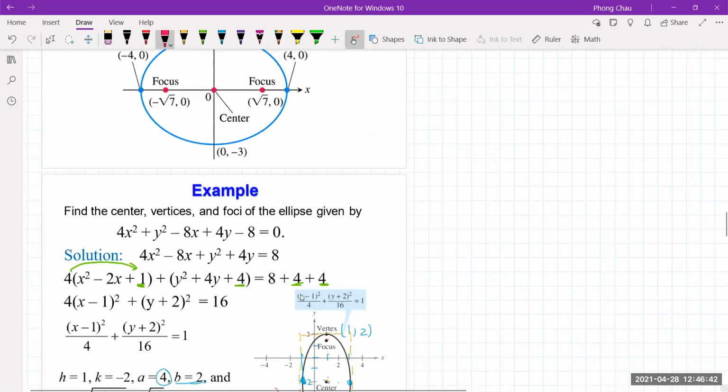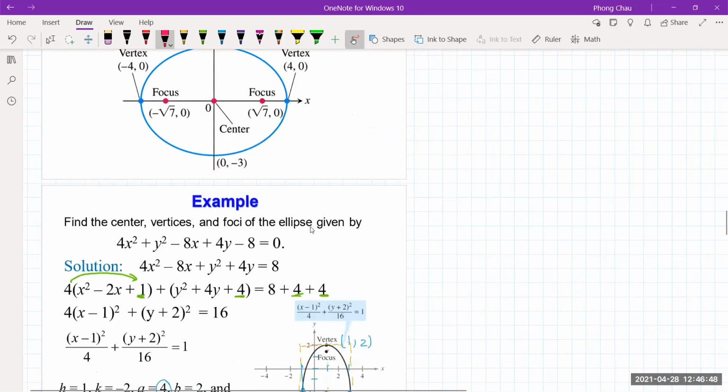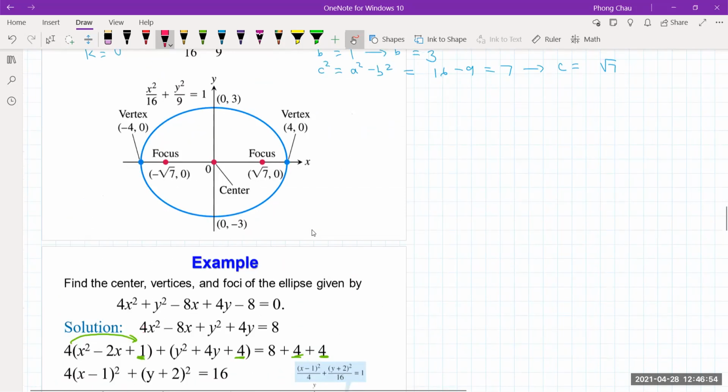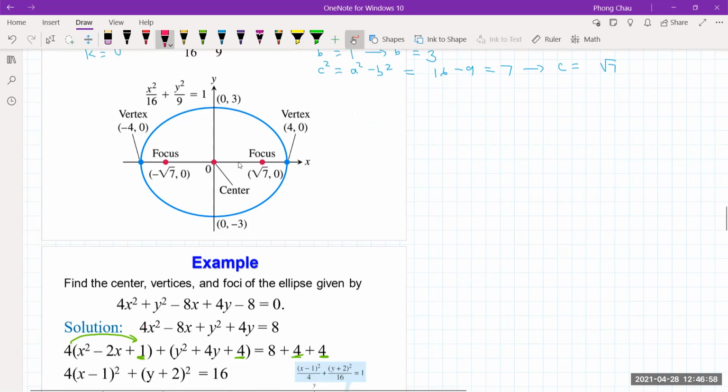So in order to measure the ovalness of an ellipse, we form the ratio between c and a. You notice that here, again, c is the distance from here to here, and then a is the distance from here to here.